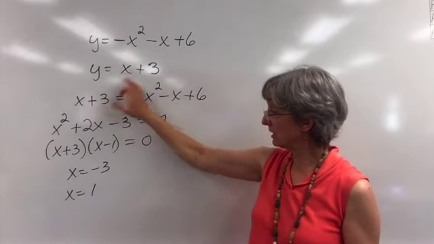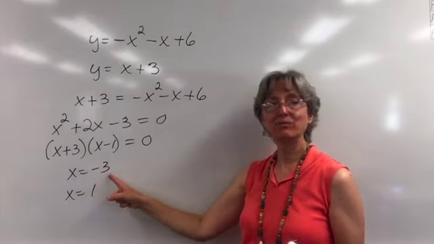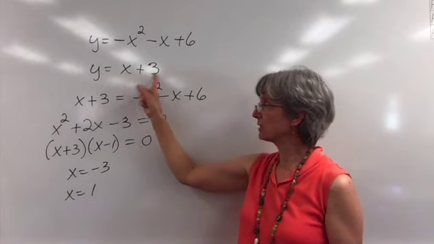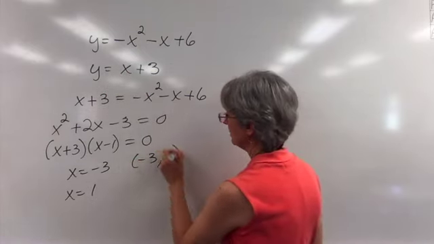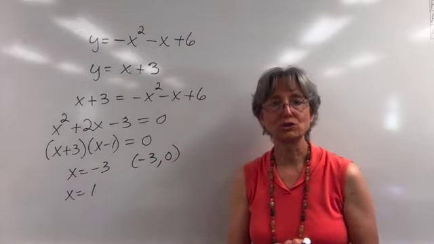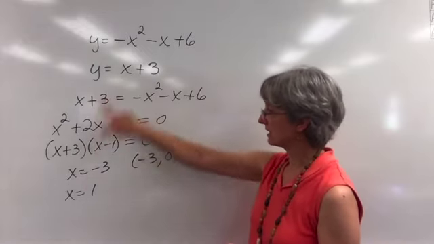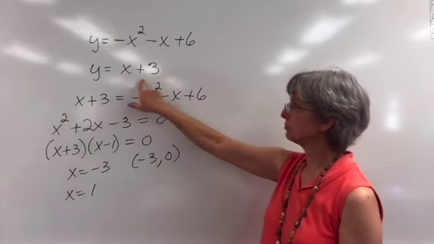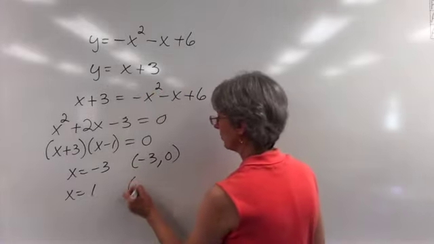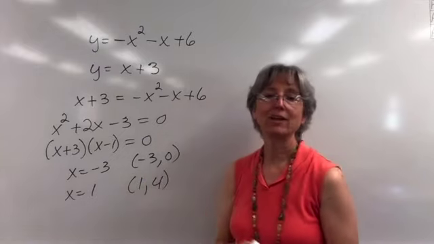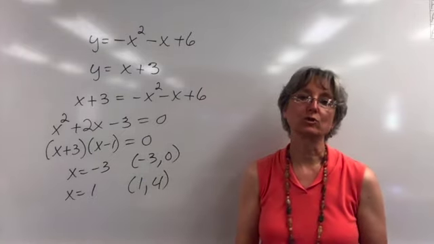So let's plug them in here. If x is negative 3, negative 3 plus 3 is 0, so that makes negative 3, 0 one of my solutions. If x is 1, then 1 plus 3 is 4, so when x was 1, y was 4, and that's my other solution, and there are my two solutions.